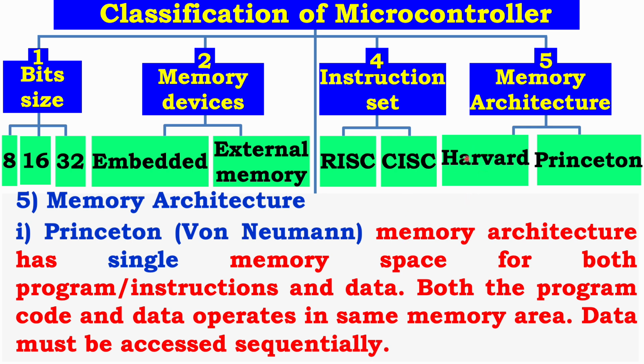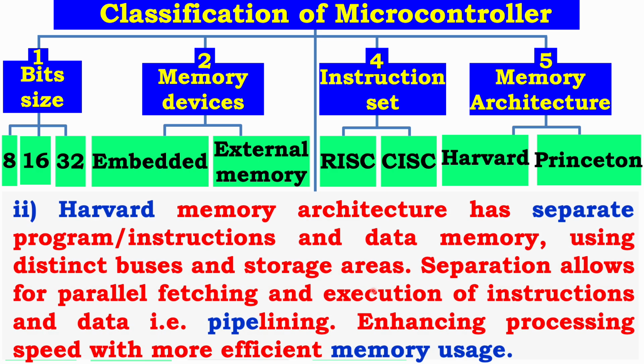Later, the Harvard architecture memory was developed with different memories, ROM and RAM, for programming code and data memory. So that is called the second type. See there, Harvard memory. There are separate programming code and data memories.